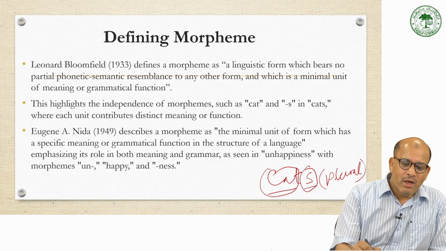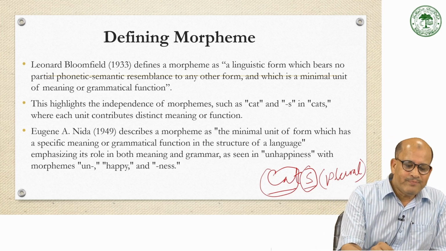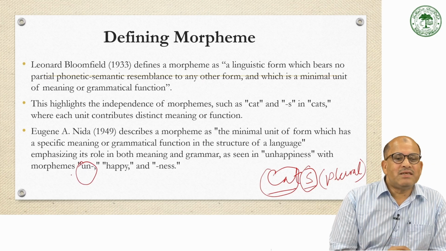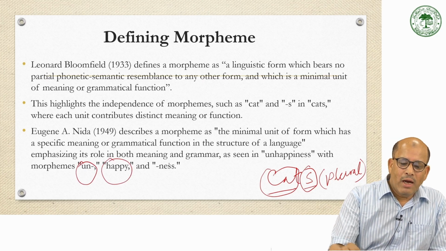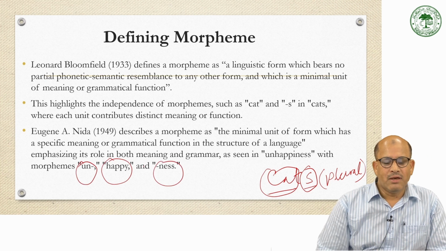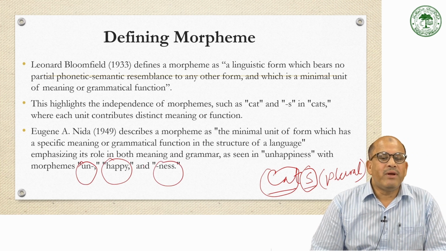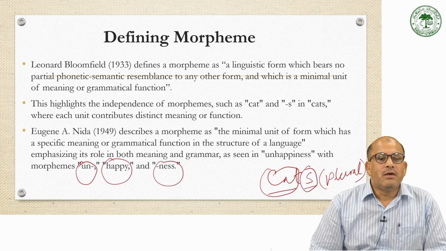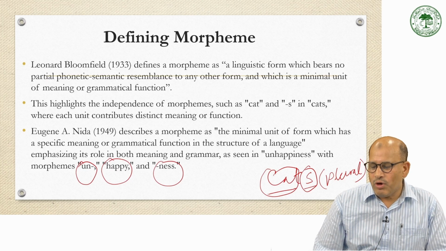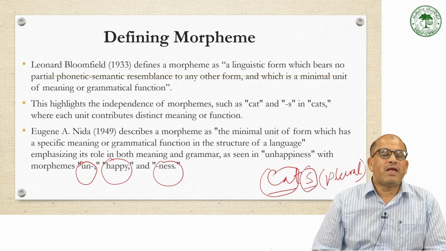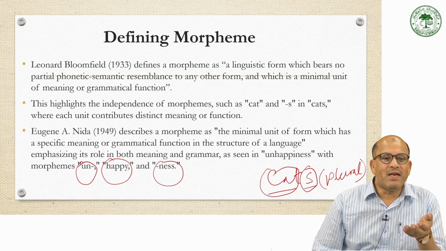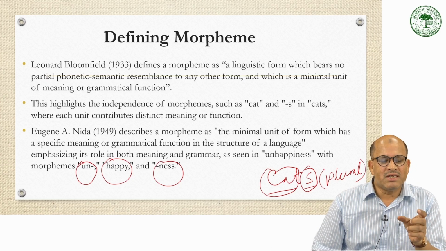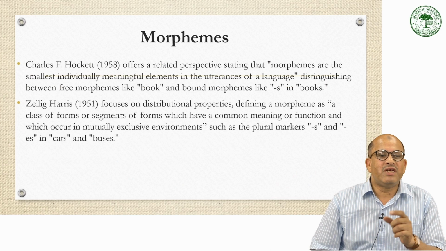Here un is a prefix, then the root word is happy, and ness is the suffix, and all 3 morphemes have their own meaning and grammatical function. These are important to understand, and I know that most of the learners listening to my lecture must be aware of these small things by now, from all these definitions.